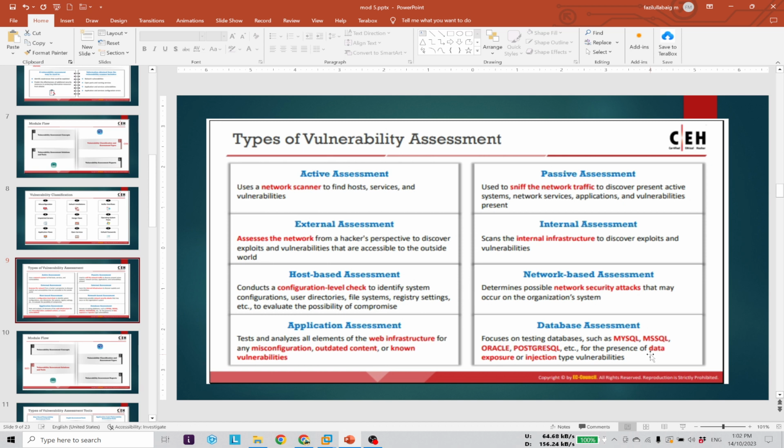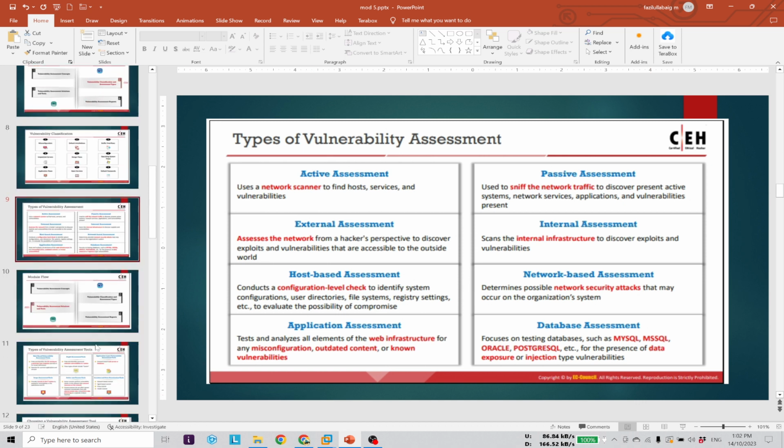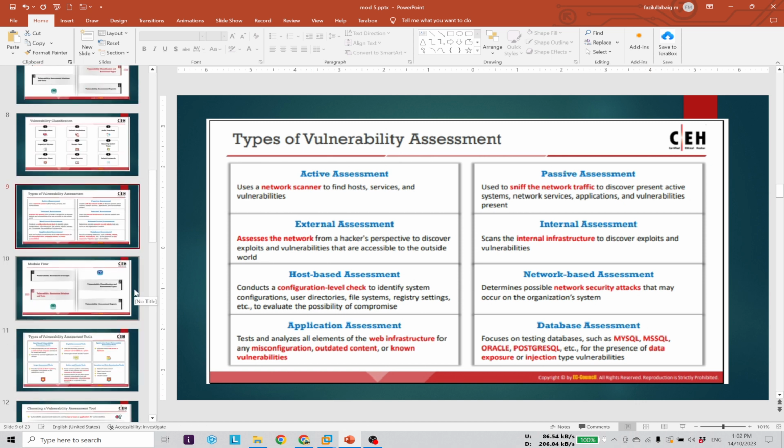Also, at the end of this module I will show how SQL injection vulnerabilities are found, how to remove the false positive information from the scanner, and which scan I have used to discover the SQL injection.